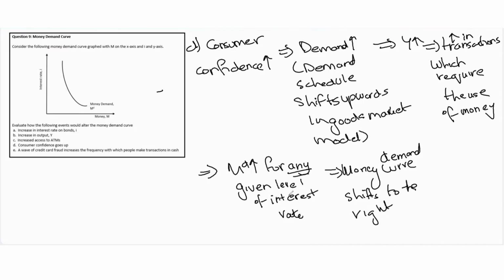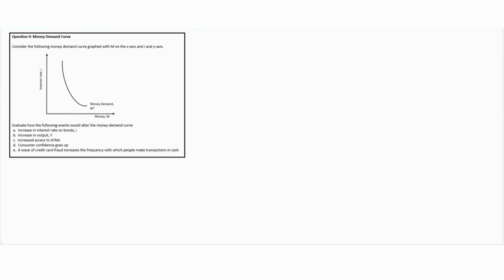And we would have the same figure as B, where the money demand curve shifts to the right from MD to MD prime, because for any given interest rate, money demand is now higher. For this interest rate, you can see money demand is this instead of this. For this interest rate, initially it was this, but now it's this, right? That's the key over here. So a change in consumer confidence translates to a change in output and then a change in money demand.